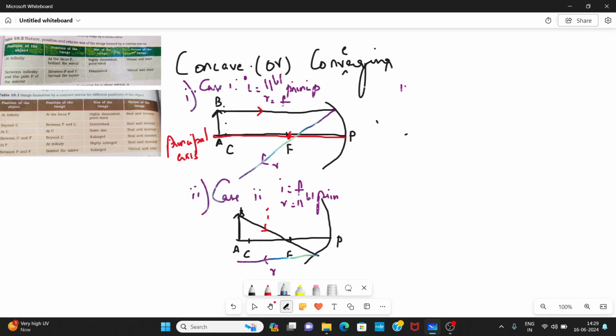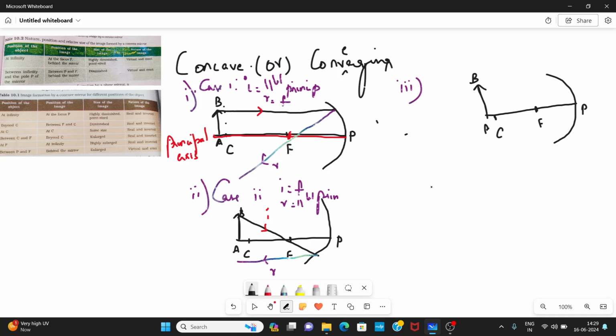Now I am considering case 3. In case 3, same, you are having a mirror, a principal axis, pole, focus and center of curvature. Now I am talking about this object, AB is the object.